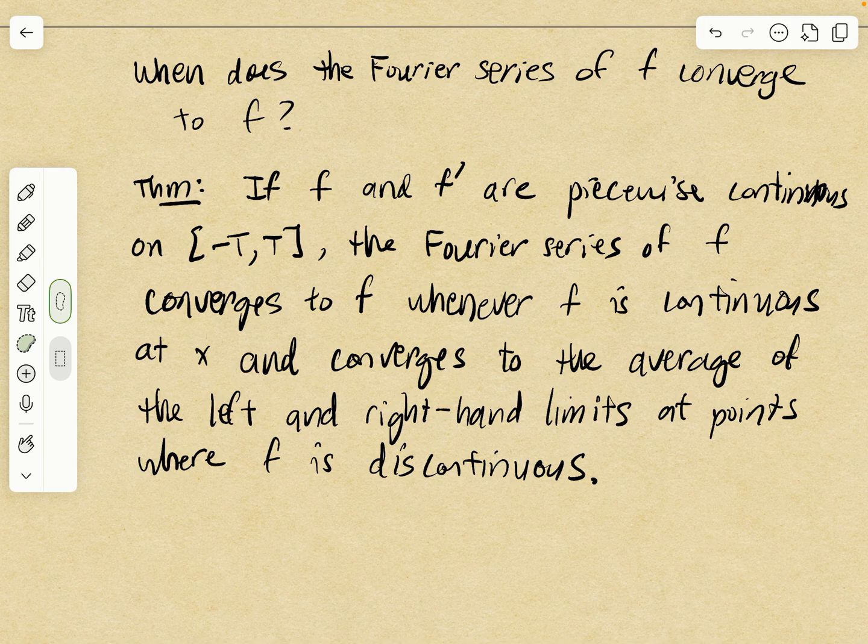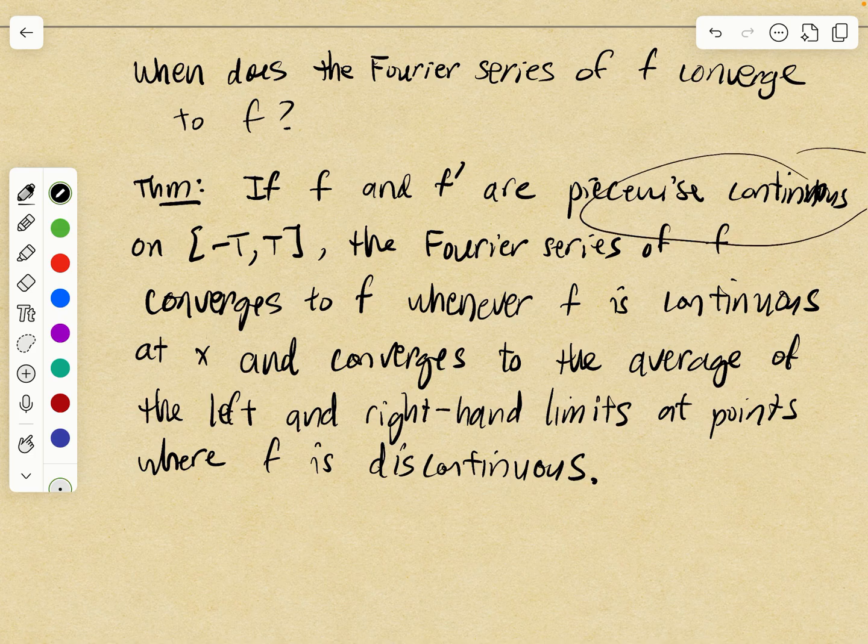Now, there are other functions that have Fourier series, but that's far too technical. So whenever we're talking about Fourier series, we're always assuming that your function is piecewise continuous anyway. And the derivative of f also should be piecewise continuous. And here we're assuming that f is differentiable.